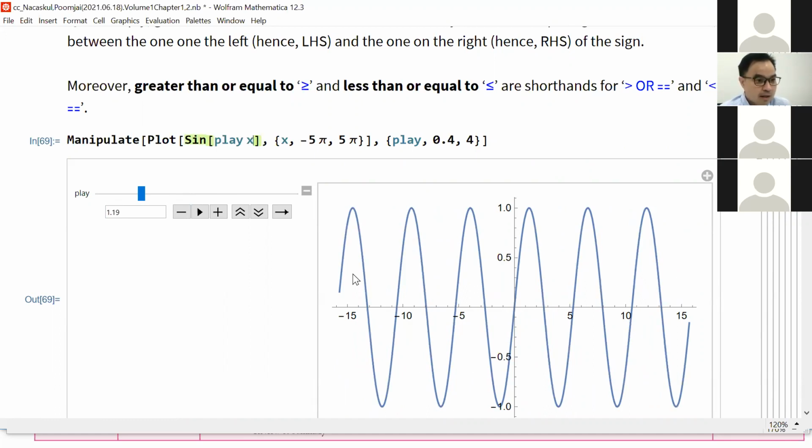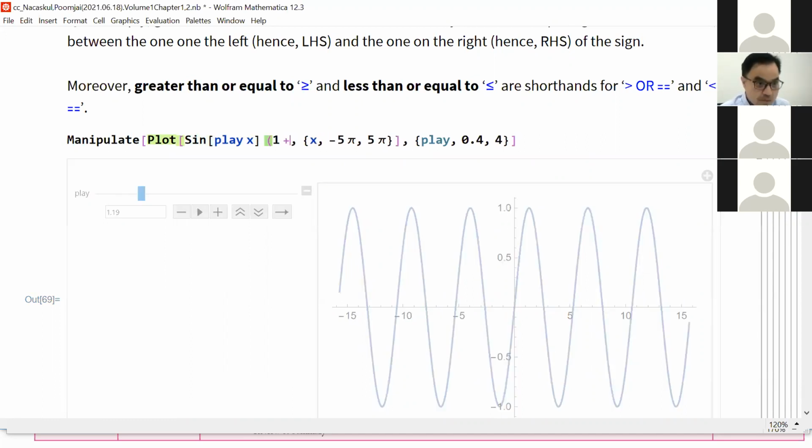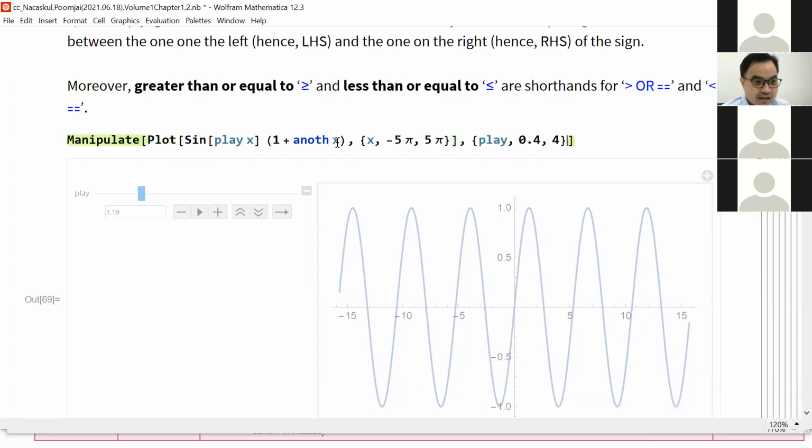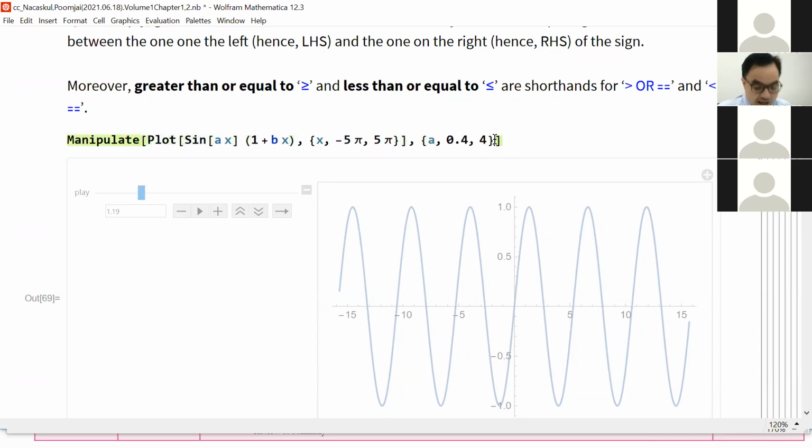So, times 1 plus another thing, x. Okay, and another, I'm just going to make it A and B, and B between -4 and 5.